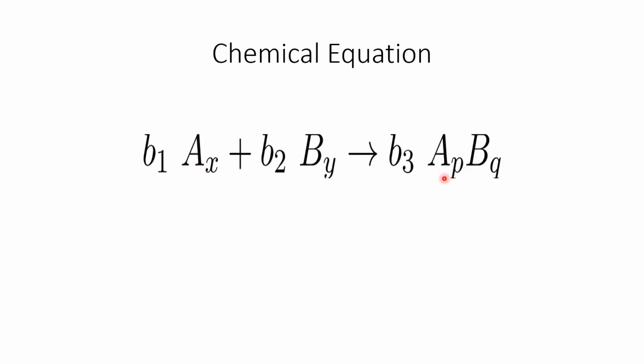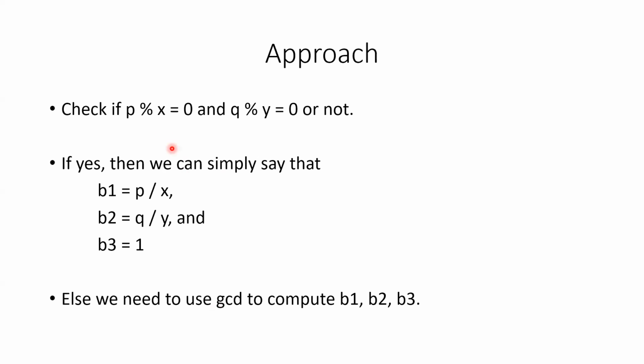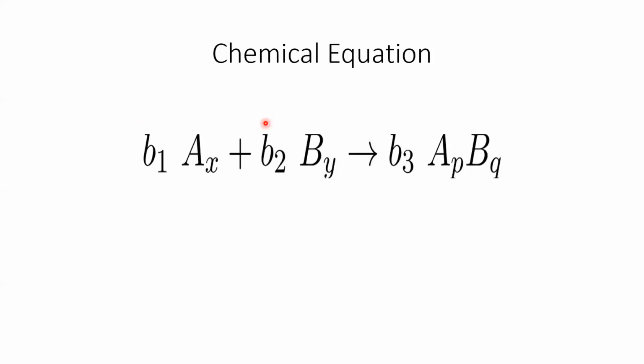We need to check whether P is completely divisible by X, that is P mod X. We are using here the modulus operator, which returns us the remainder. If this modulus comes out to be 0, and we have another condition, that is Q mod Y.